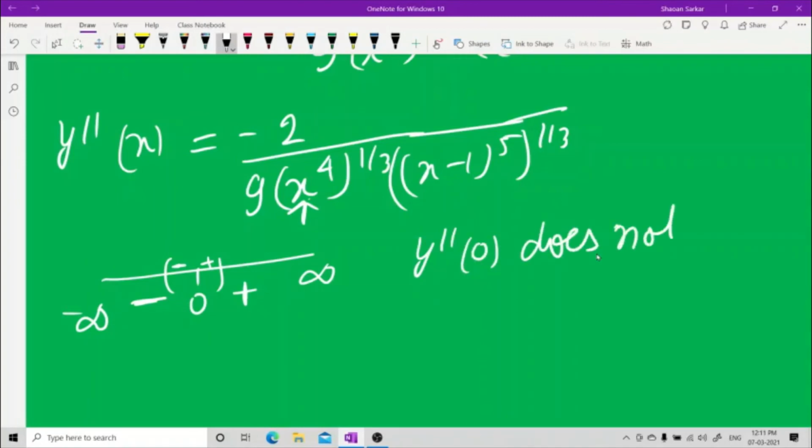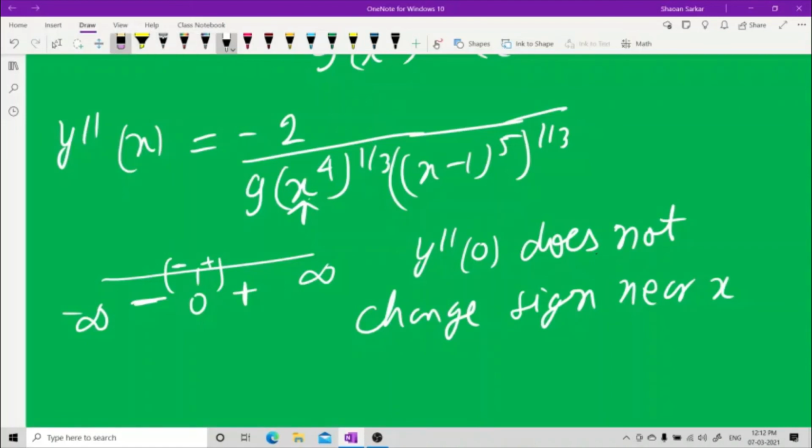Does not change sign near 0. Actually it is near x equal to 0, I should say x belongs to 0 minus epsilon, near x equal to 0. So see, at x less than 0, this is always a positive quantity, whatever this may be.